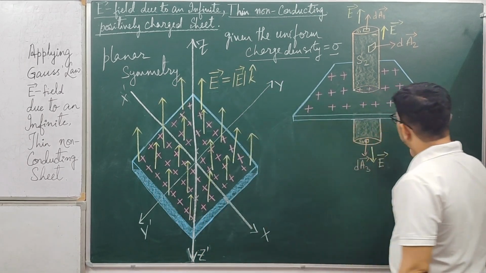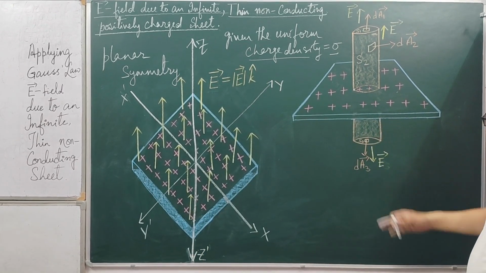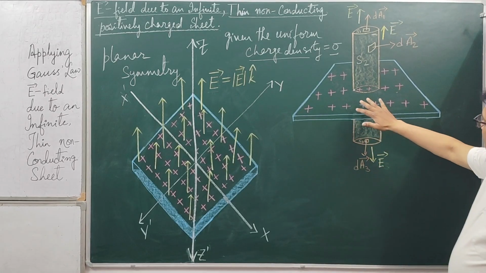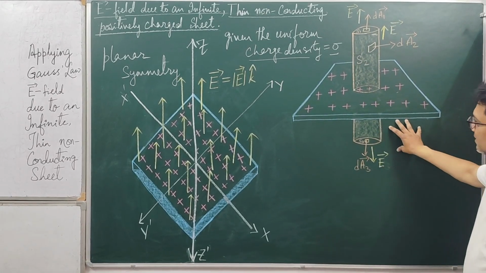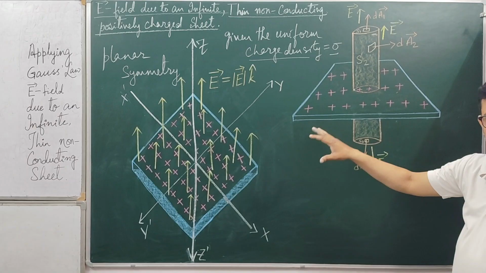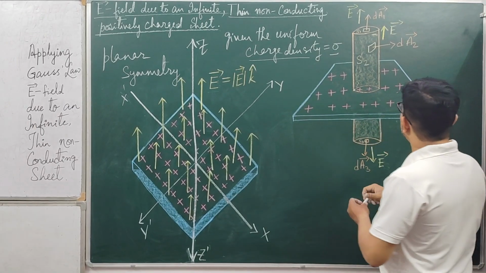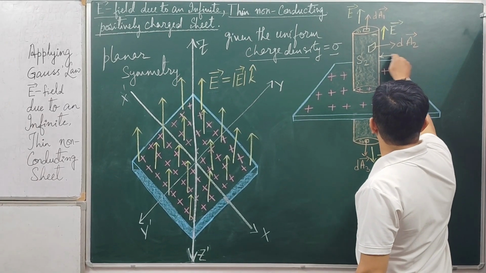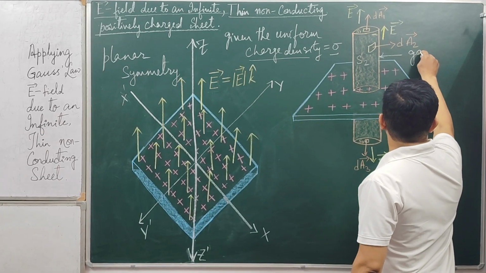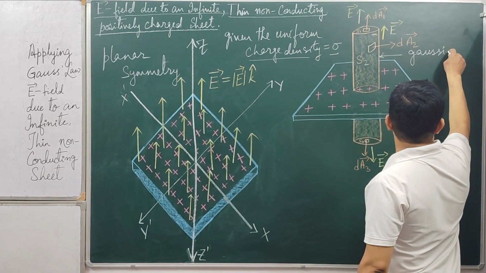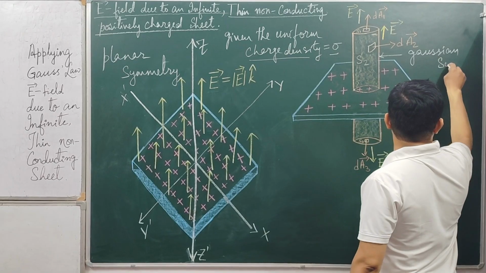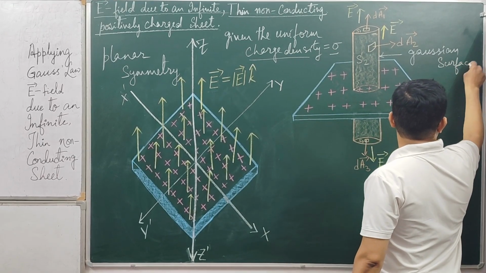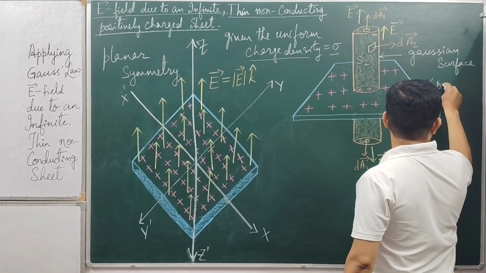If we come to this figure, we have introduced this Gaussian surface, taking into account that it's a planar symmetry. This Gaussian surface is referred to as a pillbox.